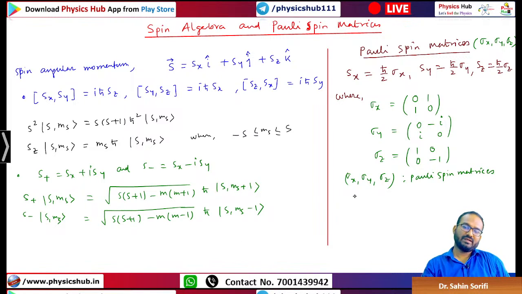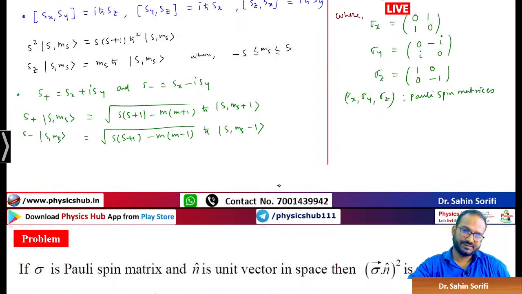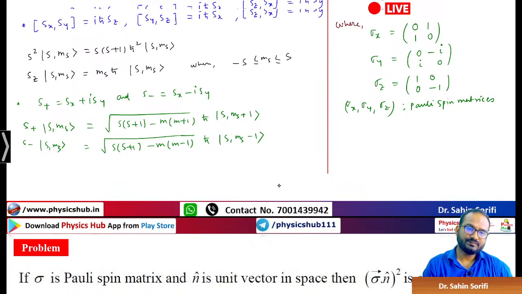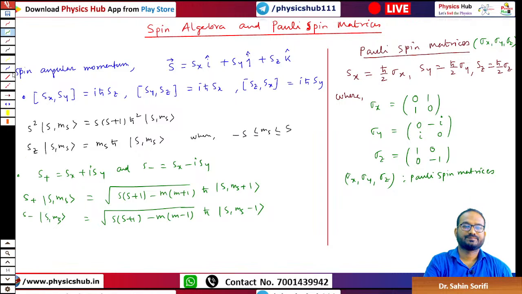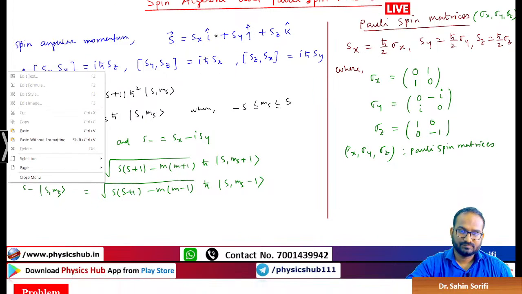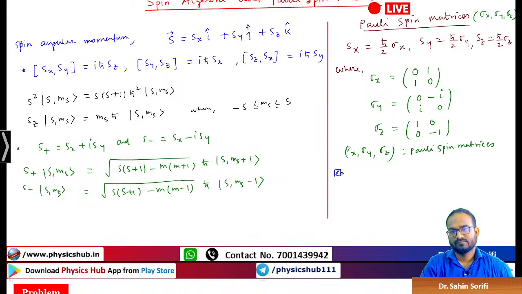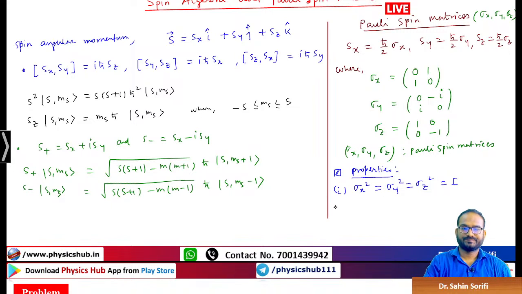Okay. Now there are very interesting properties of Pauli spin matrices. So let's explore their properties. The first property: if you take the square of sigma x, the square of sigma y, the square of sigma z, all of them will give you the identity matrix 1, 0, 0, 1.